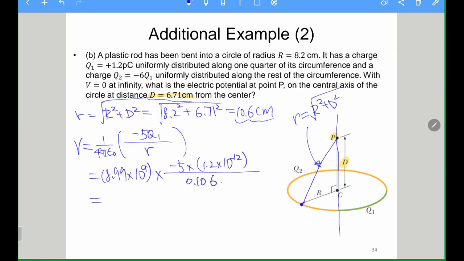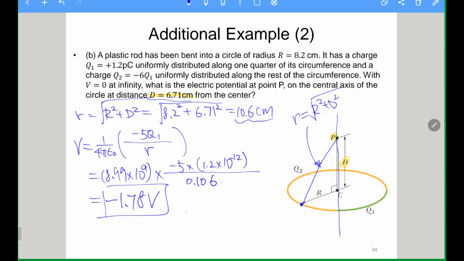So this number is negative 1.78 volt. It's a slightly smaller value because this is a little bit farther away from the ring.